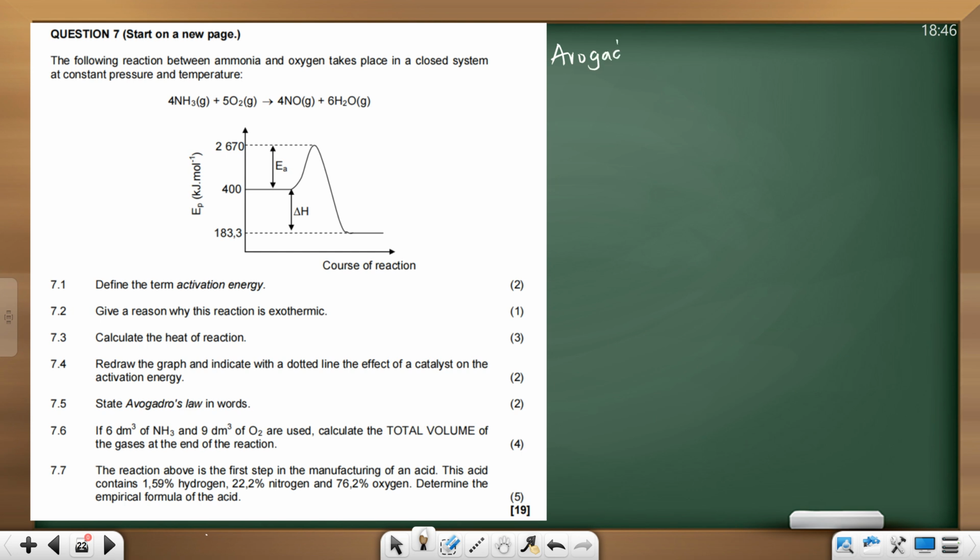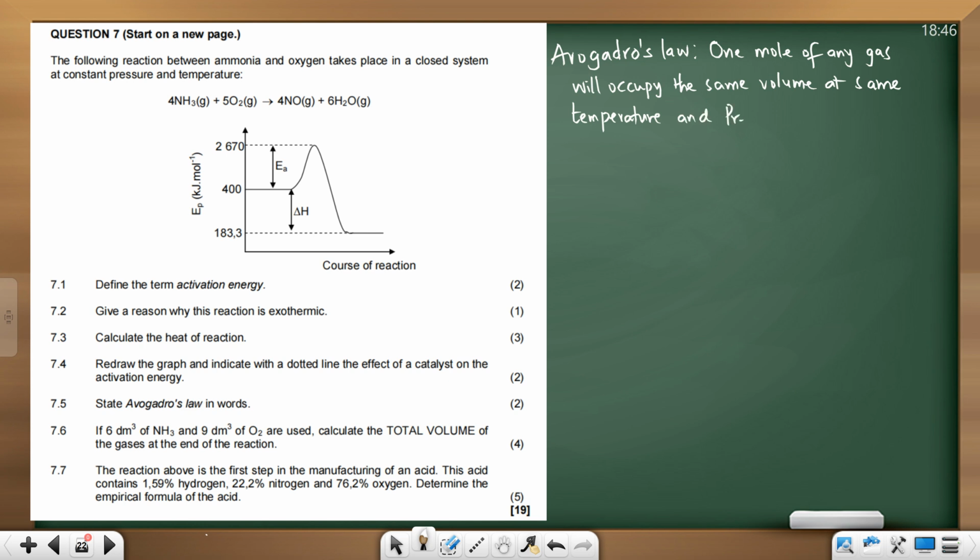Don't lie to me, I did state it. 1 mole of any gas will occupy the same volume at same temperature and pressure. This is where we talk about STP 22,4.